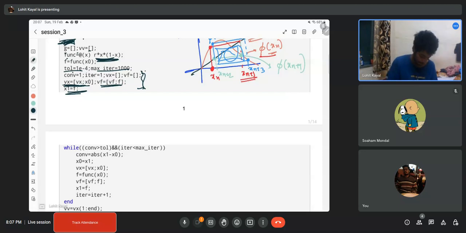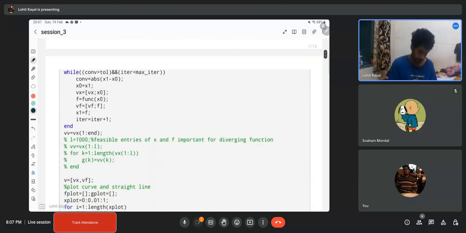Inside a while loop I am using the same criteria as before. Here is my definition of the tolerance. Previously I was using convergence based on the function. Here I am defining my convergence based on the value: x1 minus x0, the next iteration minus the previous iteration.